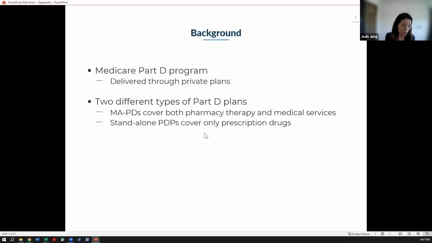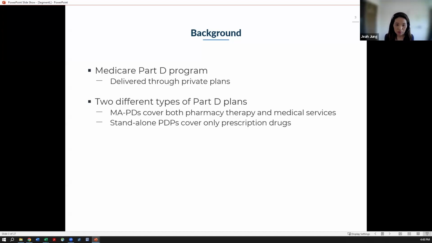As a background, we discussed that the Part D program is somewhat unique in Medicare because every beneficiary has to enroll in private plans to receive Medicare Part D benefits. We've been saying MAPD versus standalone PDPs all day long, right?